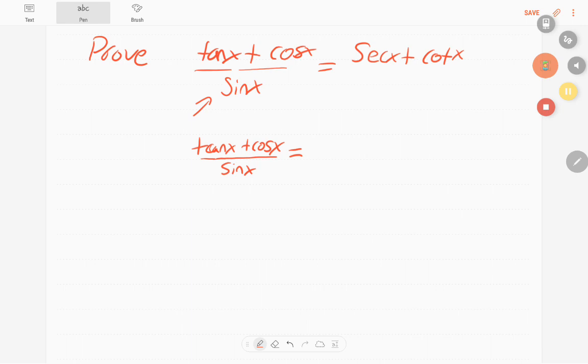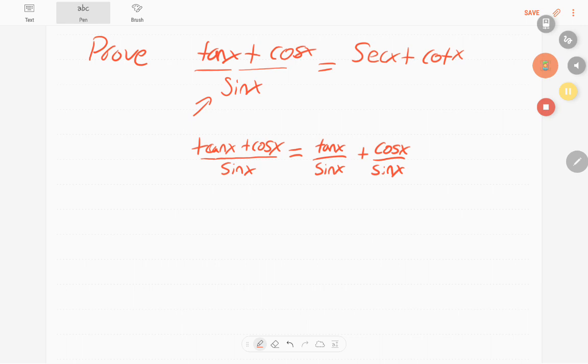Well, if you take a look, how could you rearrange some of that? What could you do? Well, first thing I see is, since I'm divided by sine, I can divide each piece by sine. So I will split it. I'll write this as tangent of x divided by sine of x plus cosine of x divided by sine of x. Okay? So I've just done one piece.